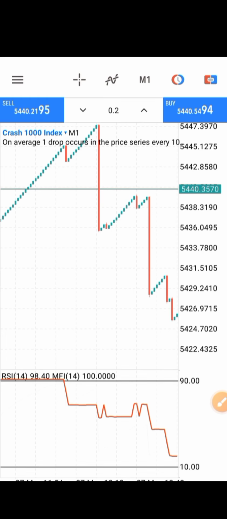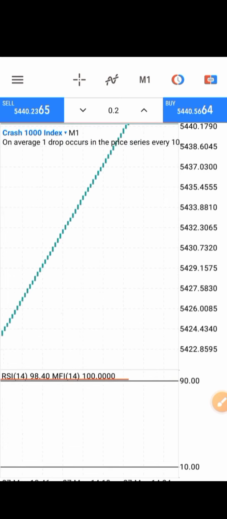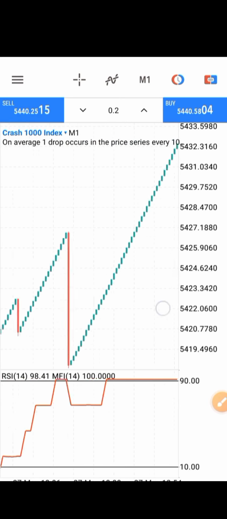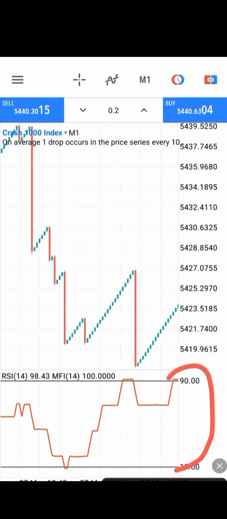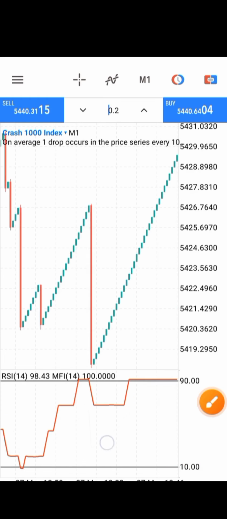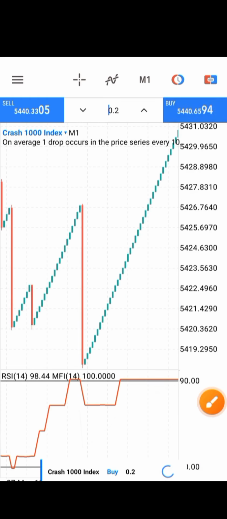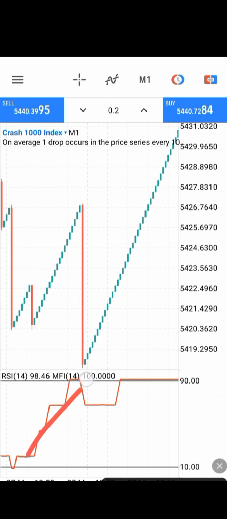So if we were to scalp with this strategy, as we explained, the two indicators show the overbought and oversold region. The RSI gives us the level 10 and the level 90. Now we concentrate on the level 90. We want the MFI to come to the level 90 of RSI.